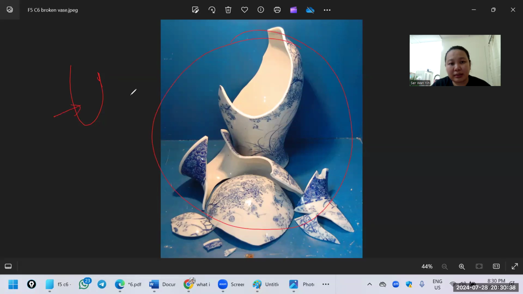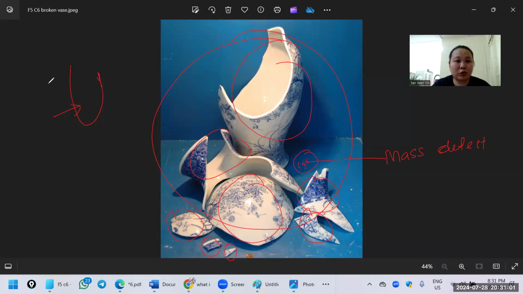But when you break it up, it becomes 1 piece, 2 pieces, 3, 4, 5, 6, 7 pieces. But it still has some powder-like form that you cannot attach back. So the powder-like form, we call it mass defect.